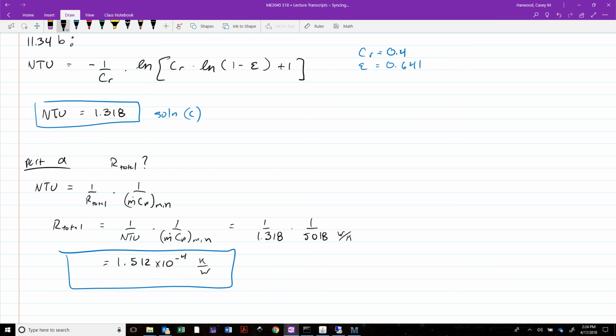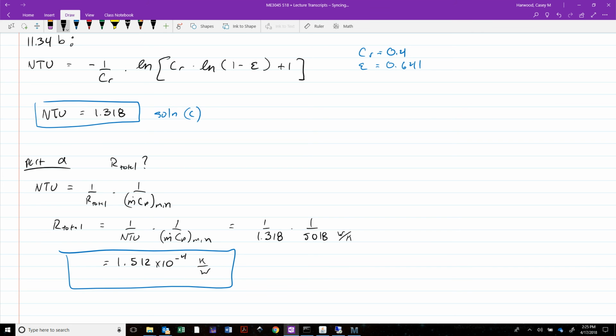If we were to go through this process several times during the life of a heat exchanger, we might see that this R total number begins to climb as you end up with scale or calcium or mineral deposits that are accumulating on one side of the heat exchanger.